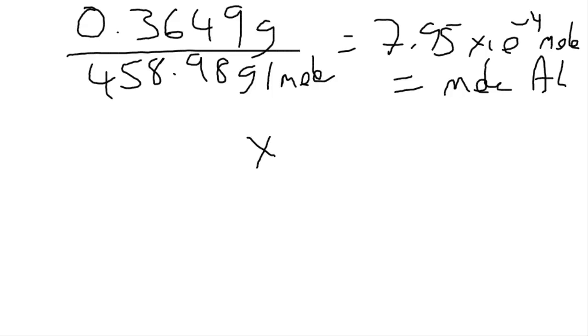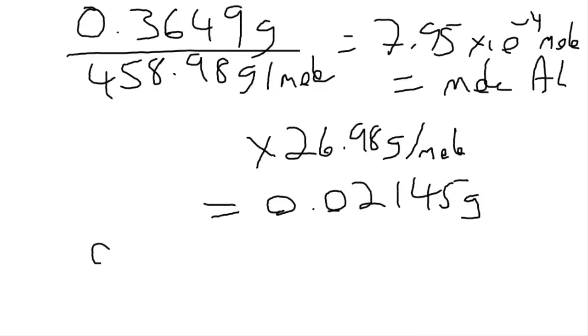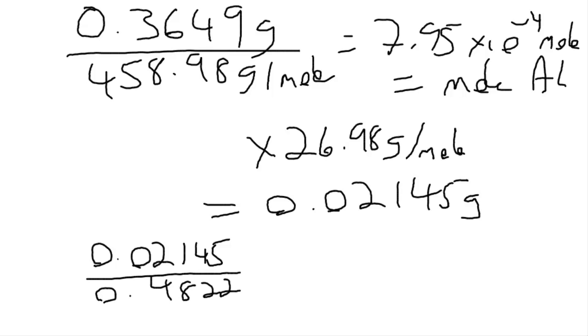Multiply that by the atomic mass of aluminum, which is 26.98 grams per mole. And the moles will cancel out, we'll end up with grams. We end up with 0.02145 grams of aluminum. Put that into our percent equation: 0.02145 divided by the mass of the sample, which was 0.4827, and multiply that by 100.